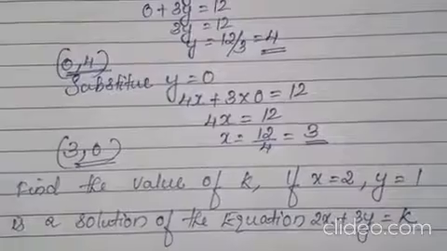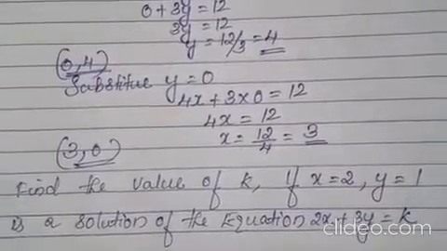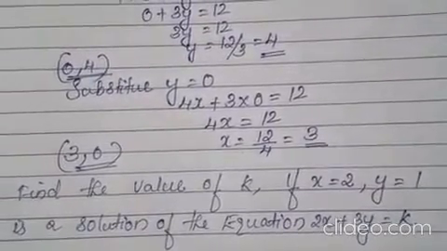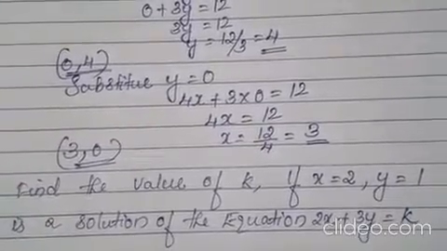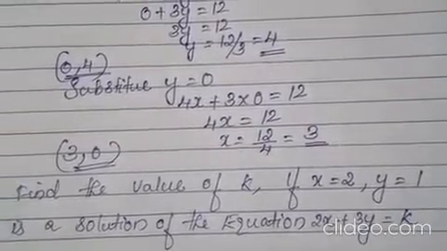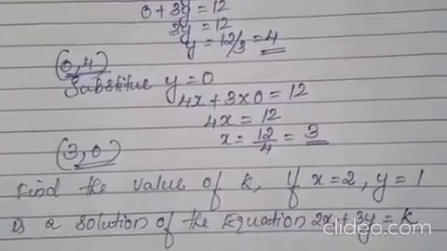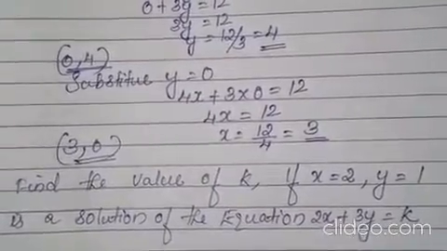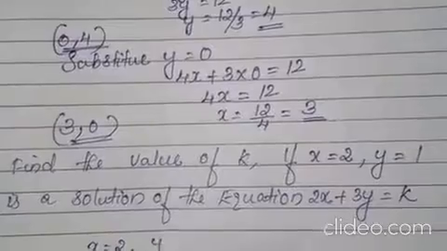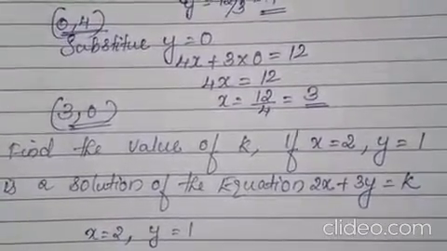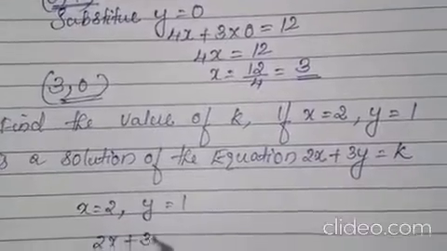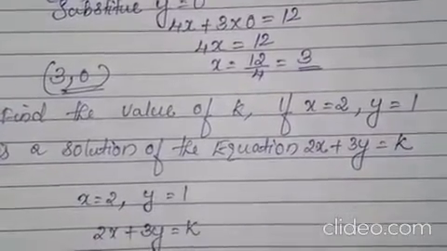The next question is: find the value of k if x equals 2 and y equals 1 is a solution of the equation 2x plus 3y equals k. So x is equal to 2 and y is equal to 1 is the solution of the equation 2x plus 3y equals k. Substitute the values of x and y.